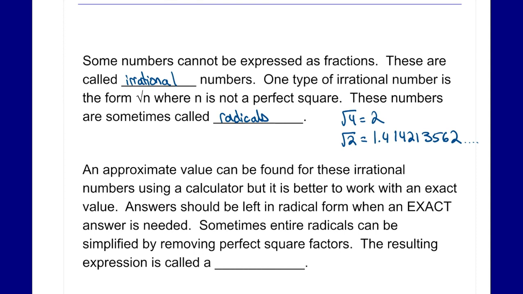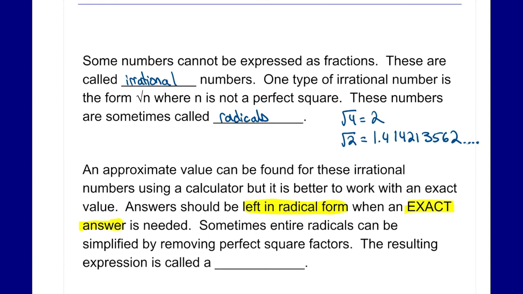There are more digits, we just don't see them because our calculators aren't strong enough. So if we need an exact value, some questions may need the exact answer, we don't want the approximation. If so, we want to leave our answer in radical form.